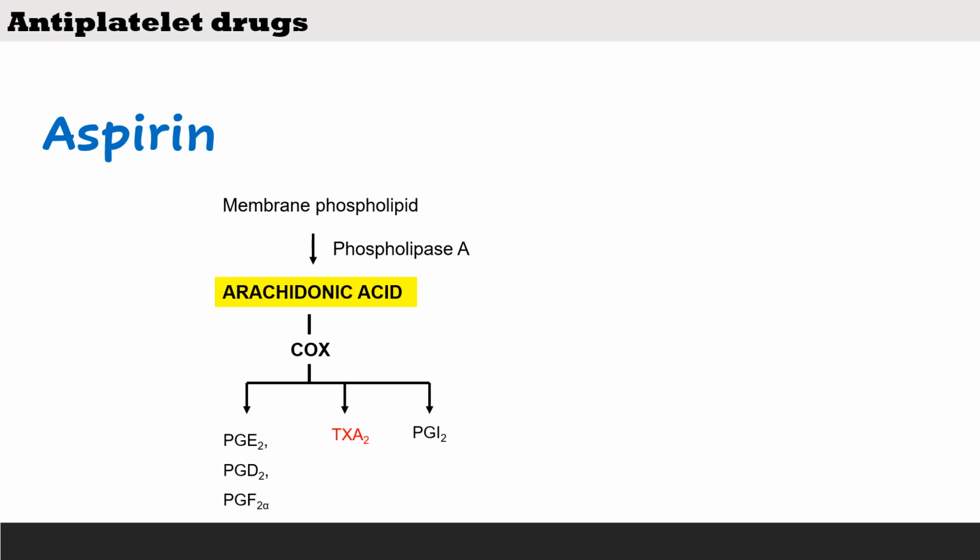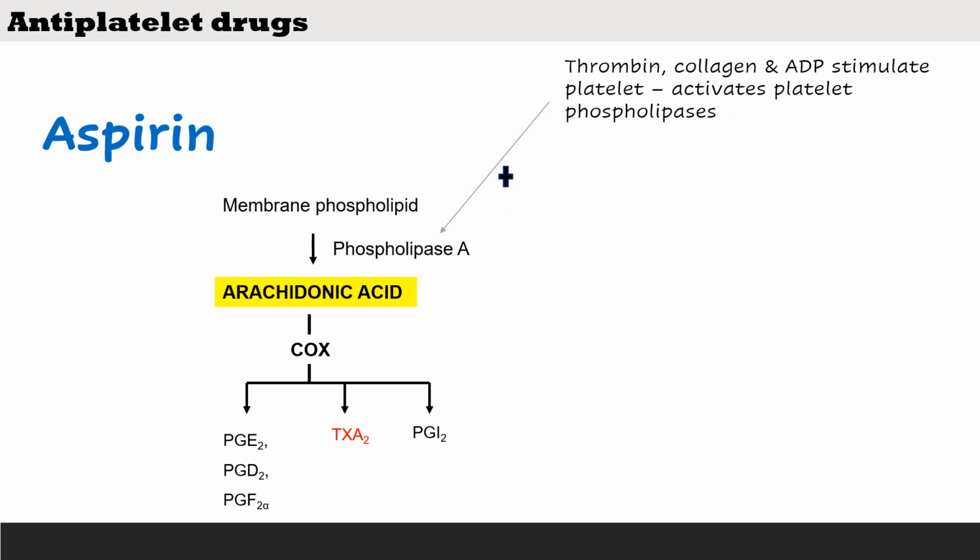Thromboxane is important for platelet aggregation. Factors like thrombin, collagen, and ADP can stimulate the platelet and activate phospholipase A to form more thromboxane and stimulate platelet aggregation.